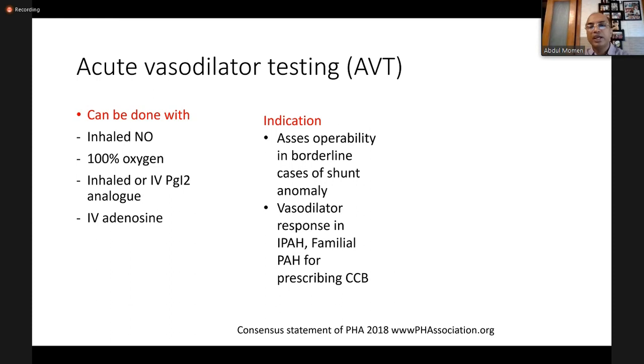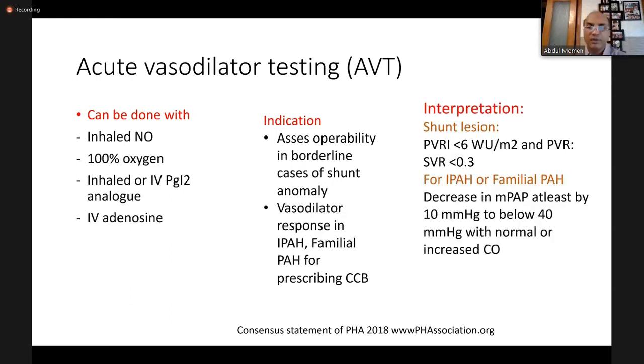Interpretation: shunt PVR less than 6 Wood units per meter square. Index: pulmonary vascular resistance index less than 6 Wood units per meter square. PVR to SVR ratio less than 0.3. For IPH and familial pulmonary hypertension, a decrease in PVR.